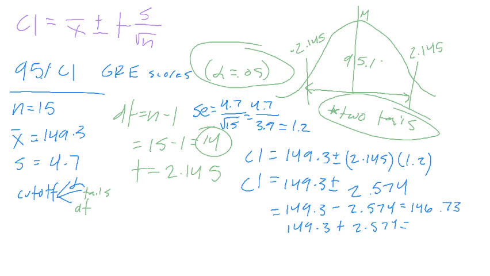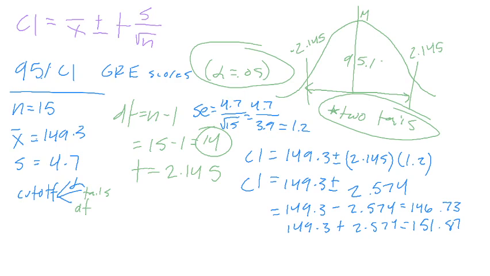Right, if you're a little bit off, I think we all know what too far off is, right? But make sure that you're close to this. But if you're not exact, no need to panic. We'll do the same thing here, 151.87. Okay, so these are the lower bound and the upper bound of this confidence interval.